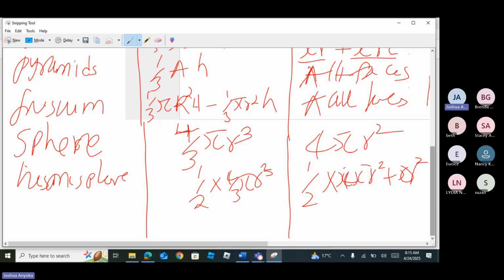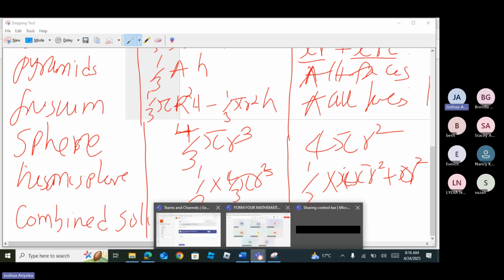And from there, what we have is a combined solid. A combined solid is one that is built consisting of 2 or more solids. So now it is combining a hemisphere, a cylinder, and at the top a cone or a frustum. So it's a combination of some solids.